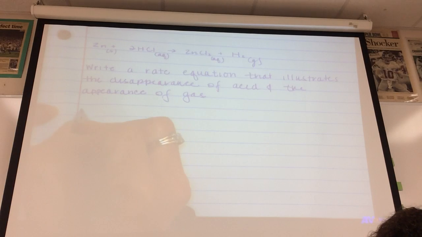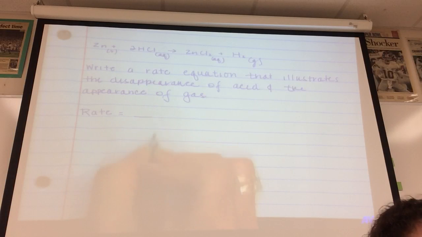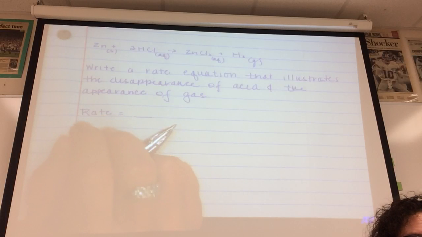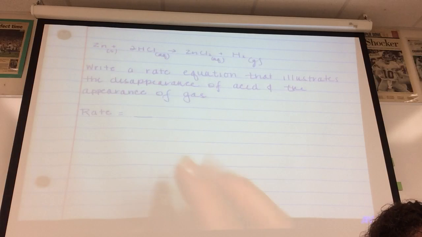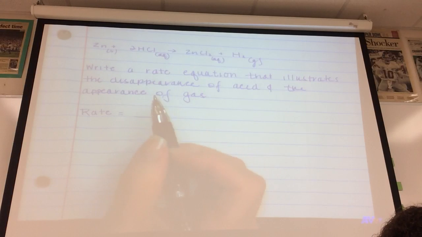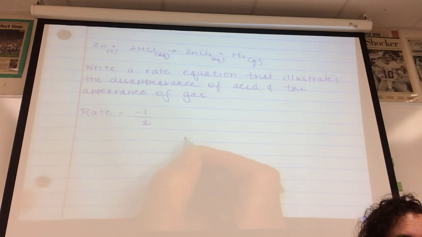We would have rate, which is the acid that disappears. If a substance disappears, it has to be a reactant or a product. Reactant. So which is the acid? Hydrochloric acid. Whenever you have a reactant, you have -1 over the coefficient.